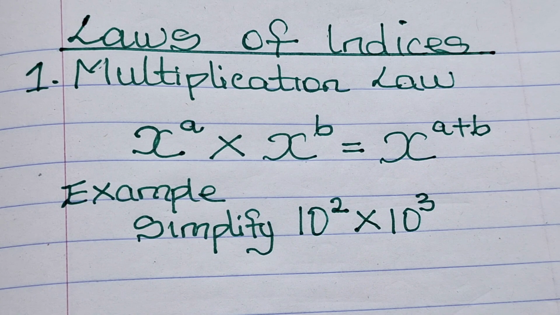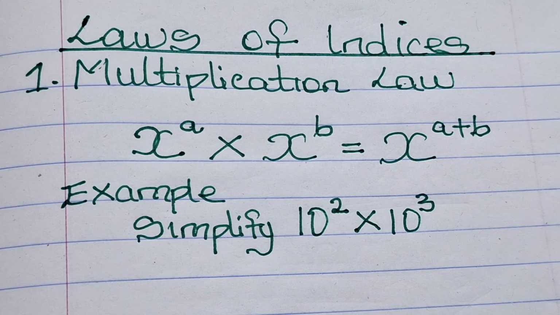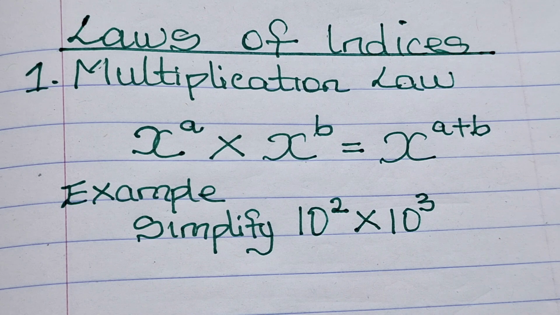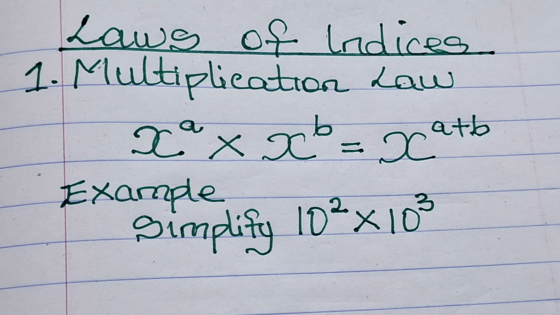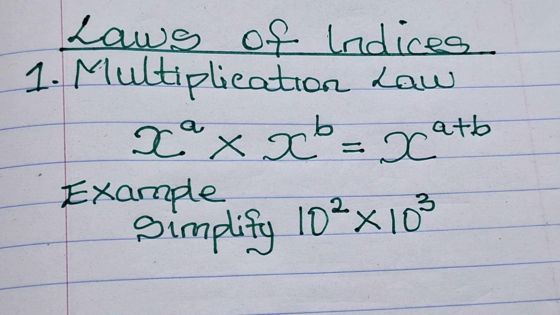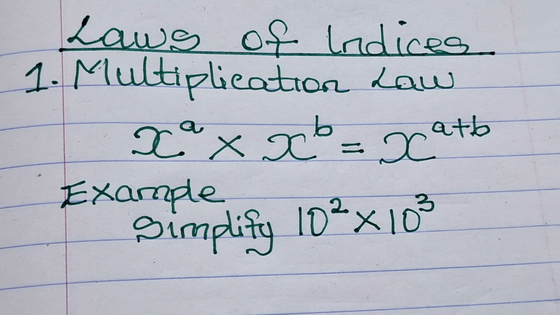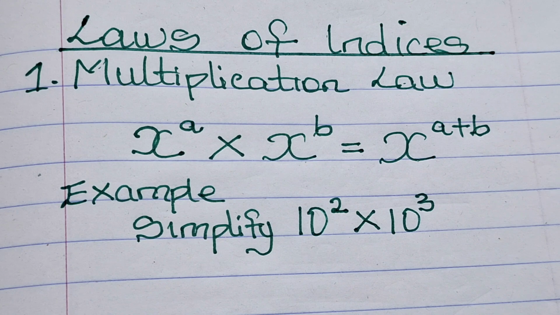In the multiplication law, whenever two numbers that have indices are multiplying each other, you make sure that the bases are the same. In this example, there is x raised to the power of a multiplied by x raised to the power of b.